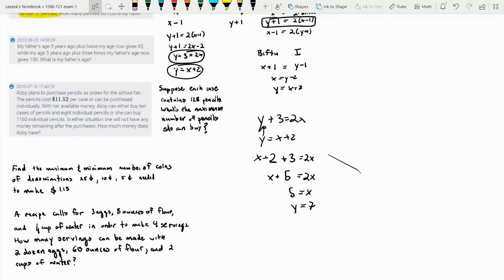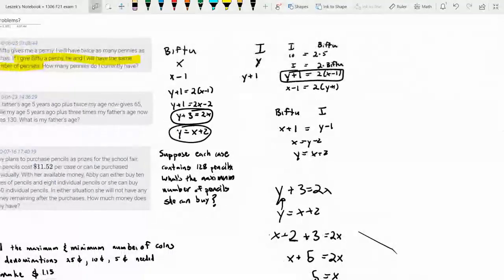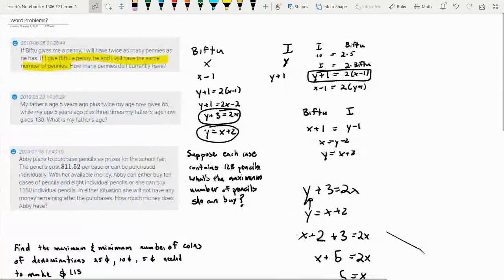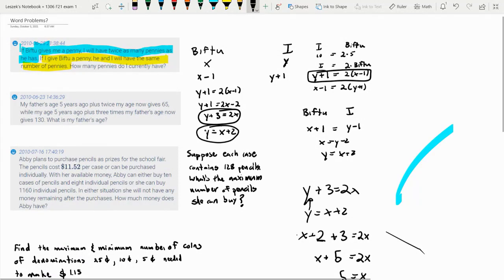but I'm happy. Where did the y plus 3 come from? So for the first problem? Oh, okay. In that first sentence, Biftu, after giving me a penny, has this much. I gain the penny, so I have this much. And then I have twice as many pennies, so you need to double Biftu's number of pennies to equal my number of pennies, because I have the larger amount.